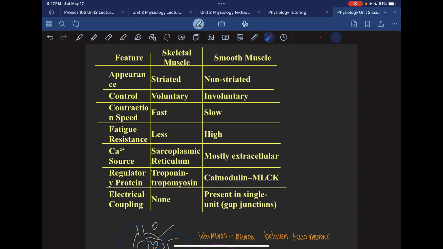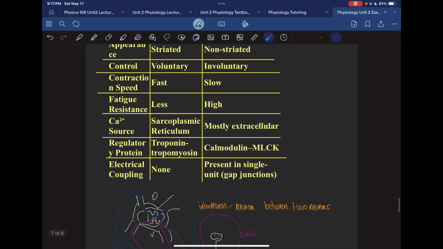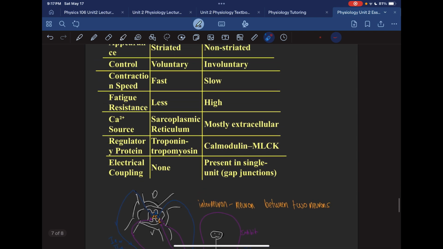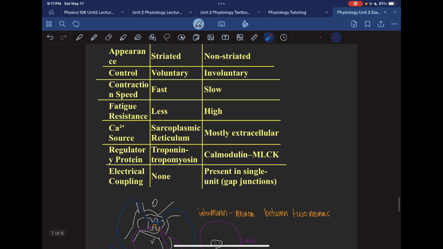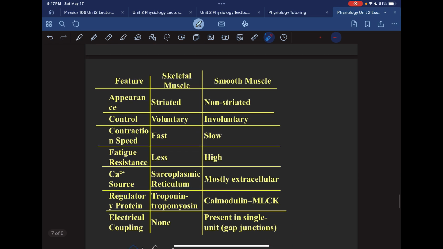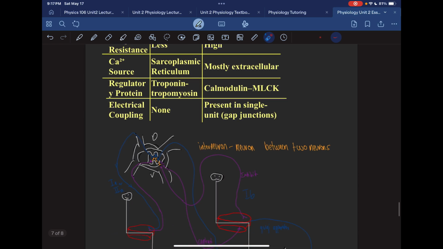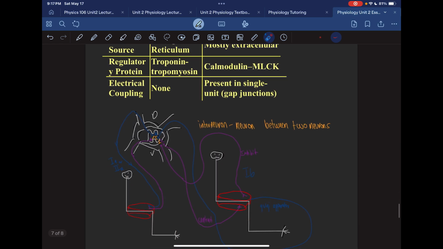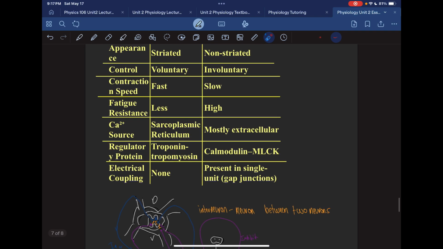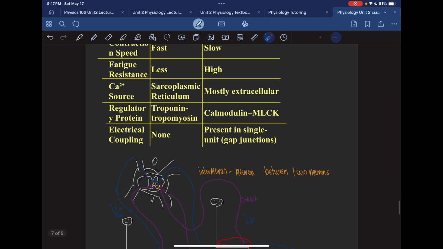Contraction speed is fast and slow. Fatigue resistance, less high. Calcium source usually comes from the sarcoplasmic reticulum in skeletal muscle, and mostly extracellular in smooth, really 50-50. Regulatory protein, troponin and tropomyosin. Calmodulin and MLCK for smooth.